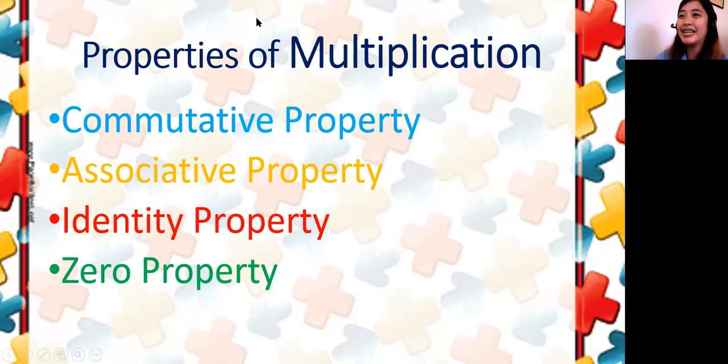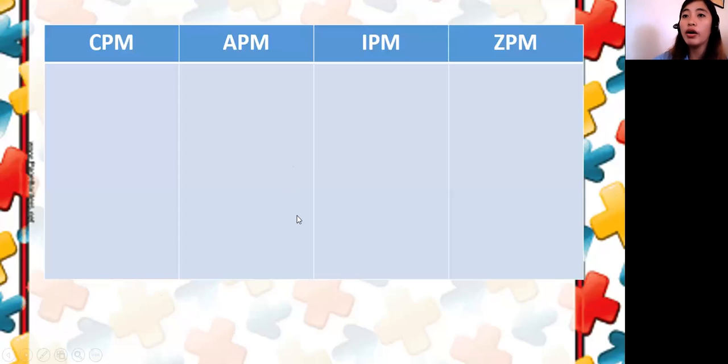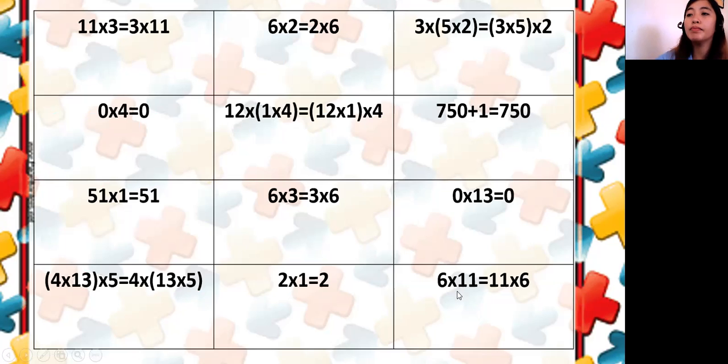Okay, very good. So for your assignment, you're gonna have this chart: CPM, APM, IPM, and ZPM. So you're just gonna identify the correct property of multiplication for these number sentences. Okay, so I'll also have it here in your elements.